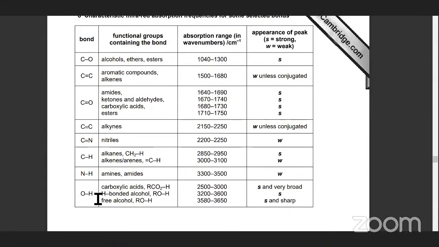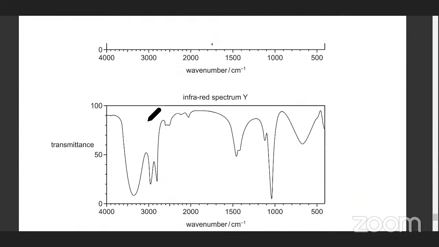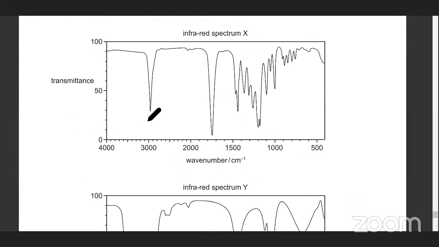Carboxylic acid has an OH bond, and it's easily identifiable. There's going to be a strong and very broad absorption at around 3000. So go and have a look which one is carboxylic acid. Strong and very broad absorption around 3000. This is definitely not carboxylic acid.